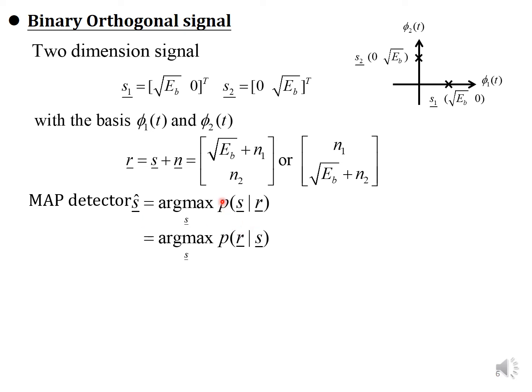This conditional probability based on R would be equivalent to the conditional probability based on S. The likelihood function based on R becomes the likelihood function based on S. At what condition?